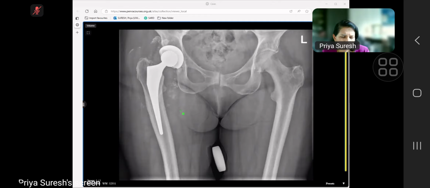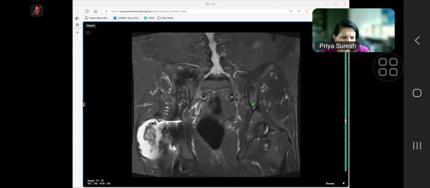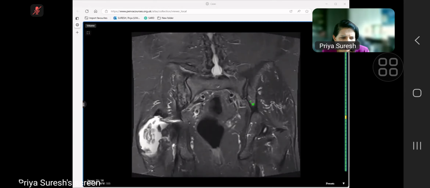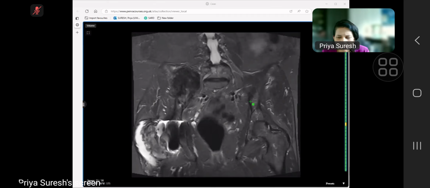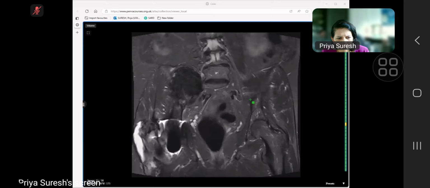And what are your thoughts about what you saw in the plain film? Again, I suspect a large soft tissue component with calcifications on the plain film. And can you see that large soft tissue component on the MR?